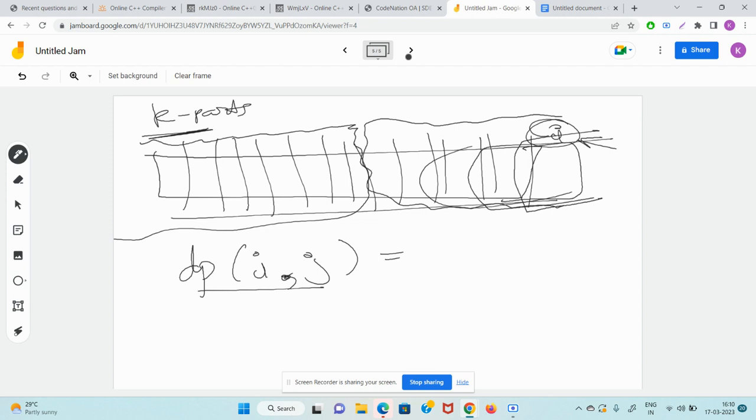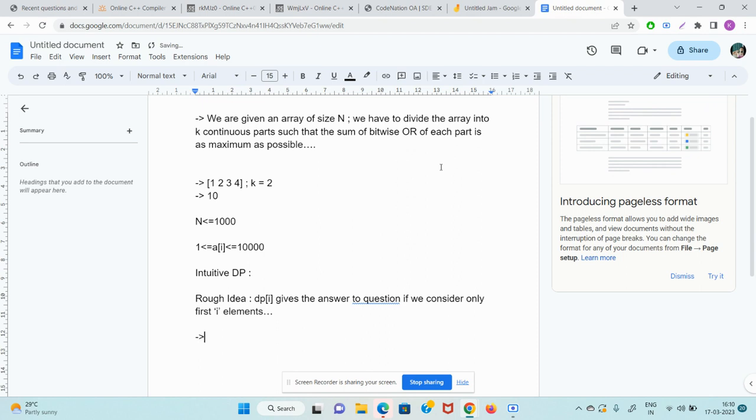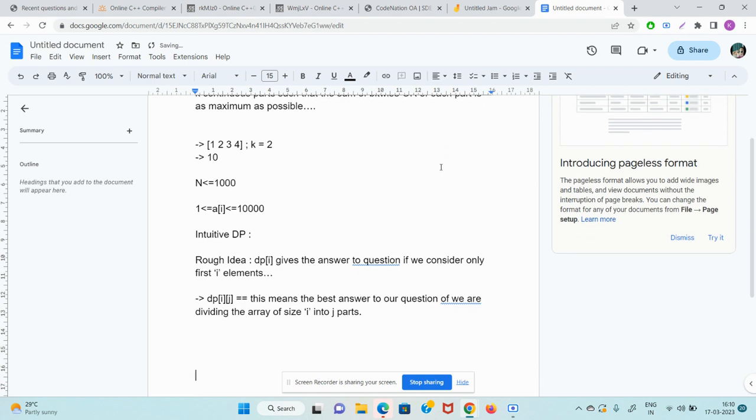So let's define a function like this: dp[i][j] means the best answer to our question if we are dividing the array of size i into j parts.